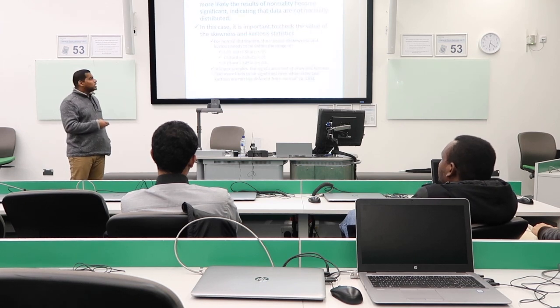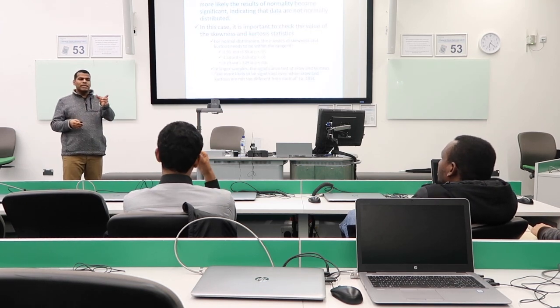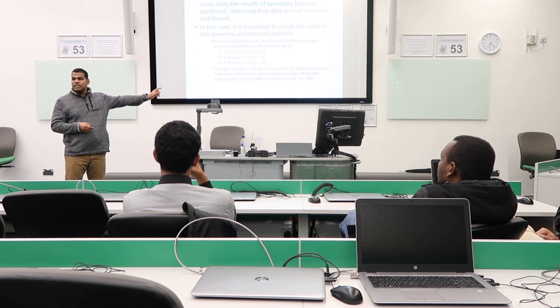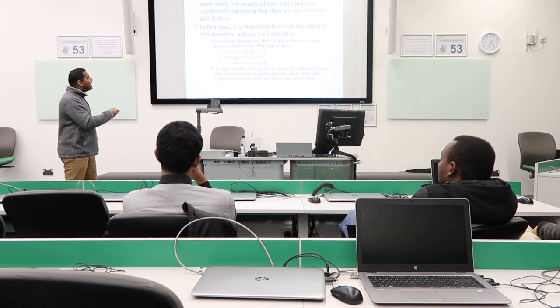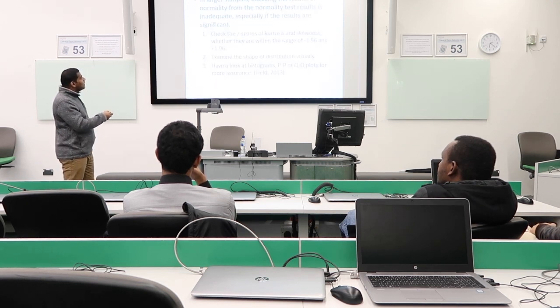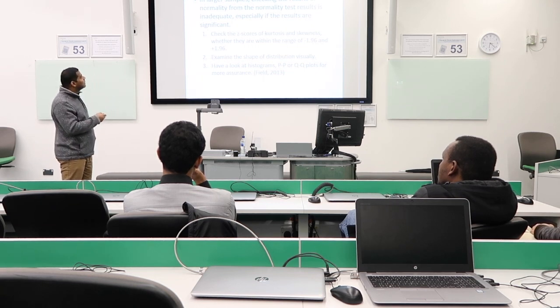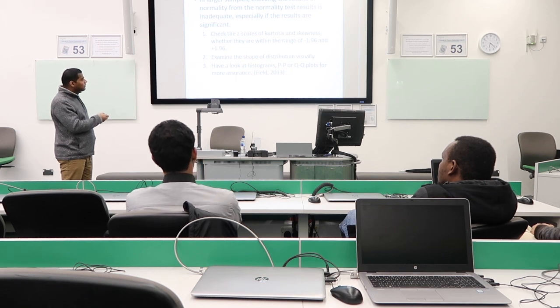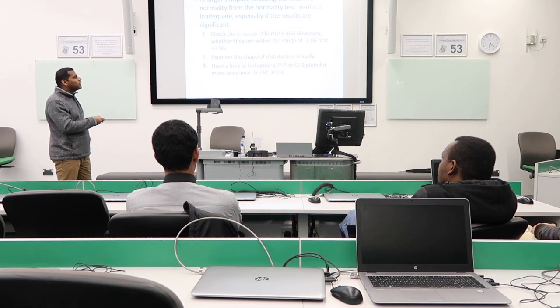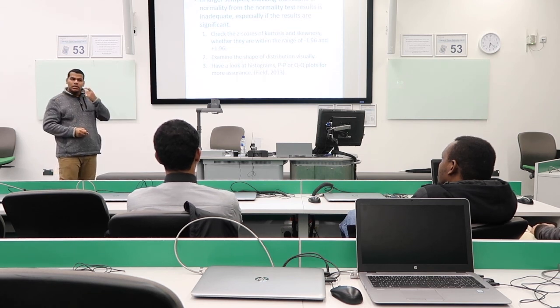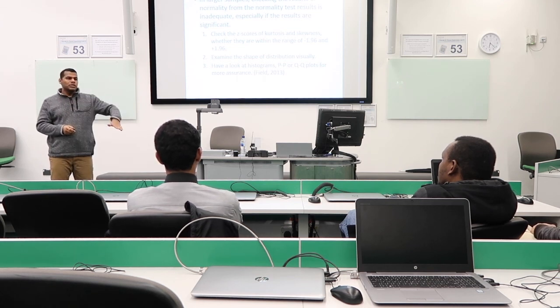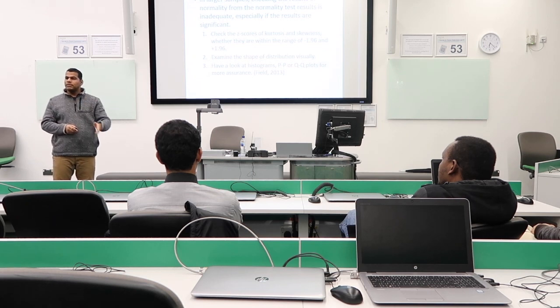So instead of just focusing on the results of the normality test, look at the kurtosis and z-scores, and check whether they are within the range. Examine the shape of the distribution visually and see whether it is normally distributed or not.